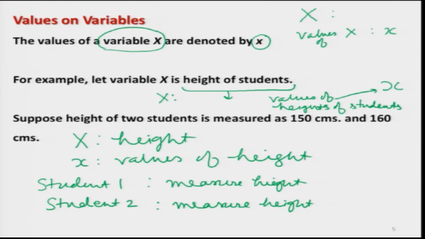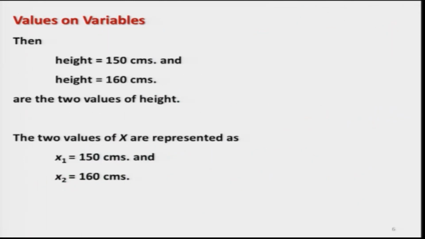So, suppose I find that the height of the first student is 150 centimeters and height of second student is 160 centimeters. Now, how to denote this 150 and 160? That is the question which I am going to now address here.